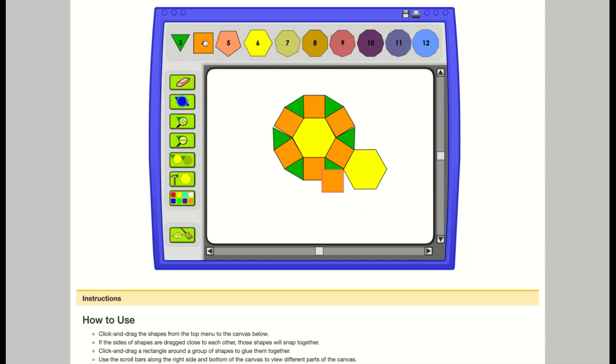So 3, 4, 6, 4, like this. Okay, this should work. 3, 4, 6. So this vertex is 3, 4, 6, 4 as it should be. And in fact, now I can just attach these squares like that.